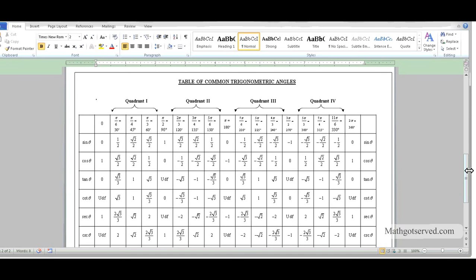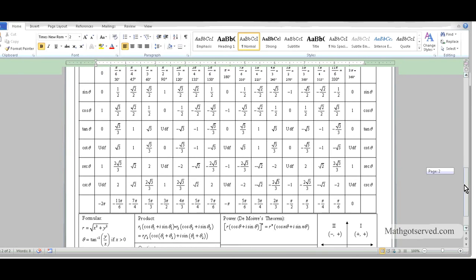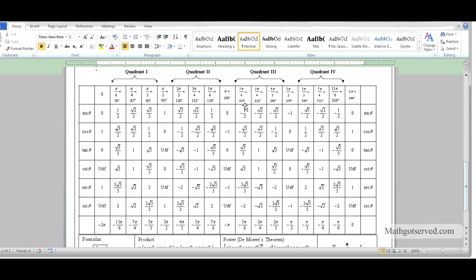So cosine and sine of 4 pi over 3. If you look here, cosine 4 pi over 3 is negative 1 half, and sine 4 pi over 3 is negative root 3 over 2.